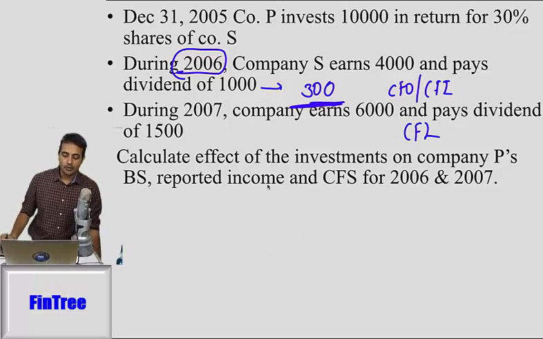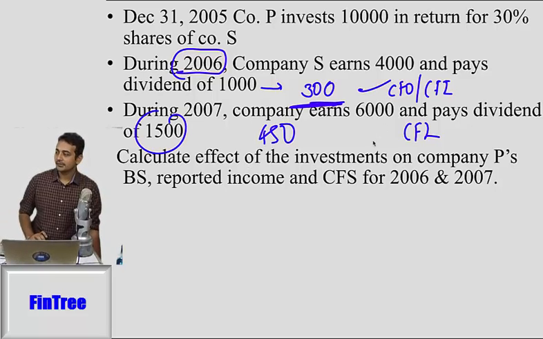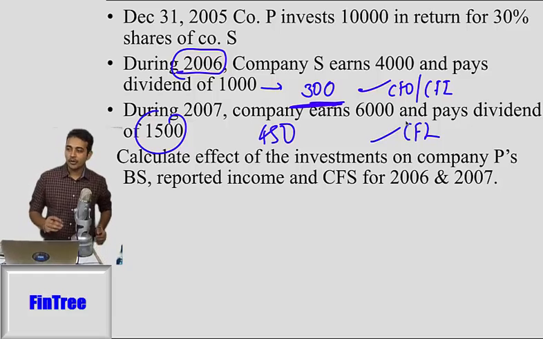Next year the inflow would be 450, again the same. Are we good? You're receiving dividend, only the dividend is your inflow; the profit is not your inflow. Okay.